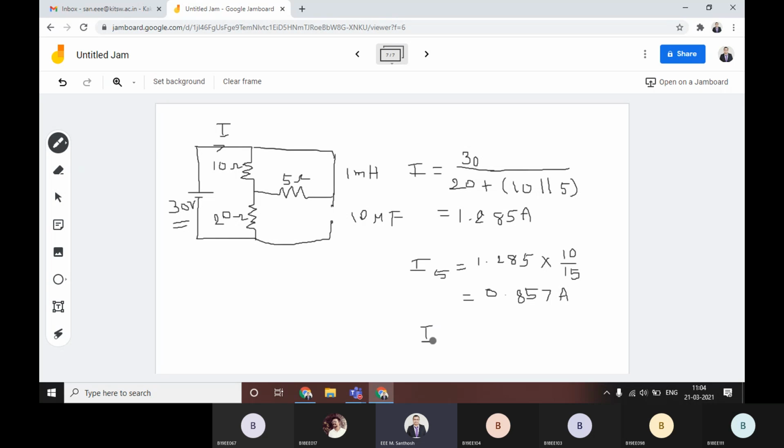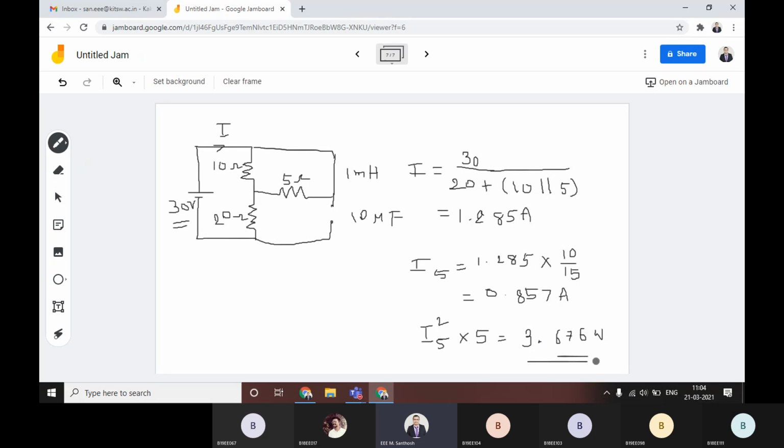You know the current already. Then current squared into 5, that means I squared R, for the 5 ohm resistor. This value will be 3.676 watts.